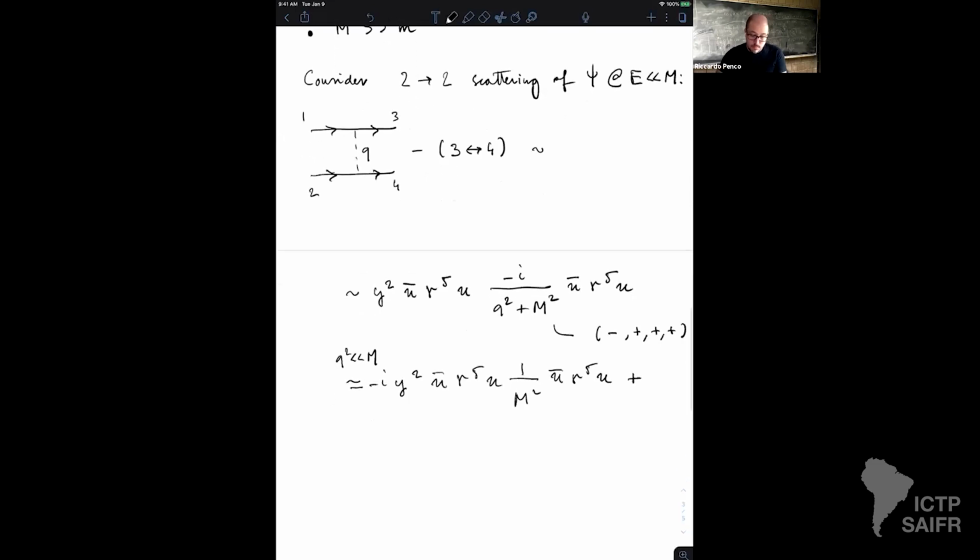Plus higher order corrections that go like 1 over M squared times order Q squared over M squared.